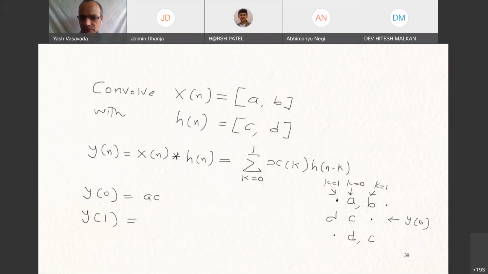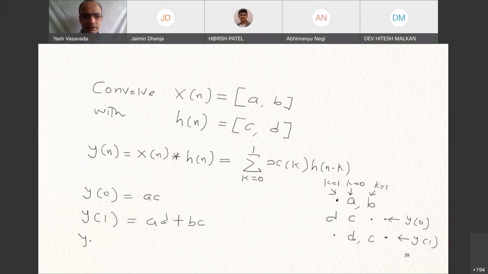And I'm going to put one more null here also. So these dots are zeros. And so if I do element by element product, I get a multiplied with d. So now this is for y of 1: AD plus BC.